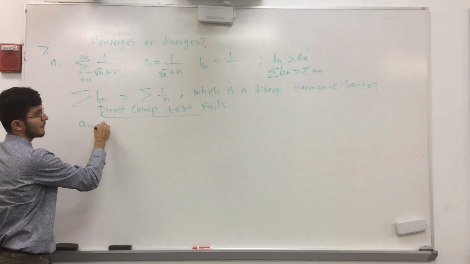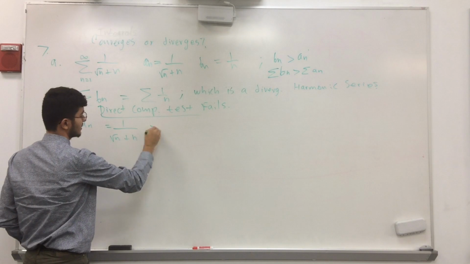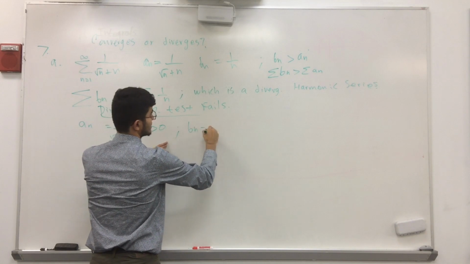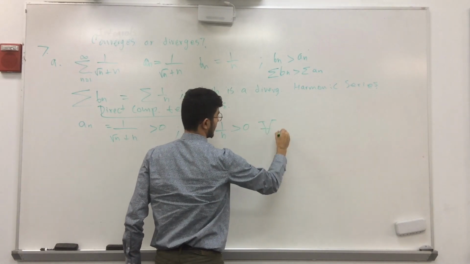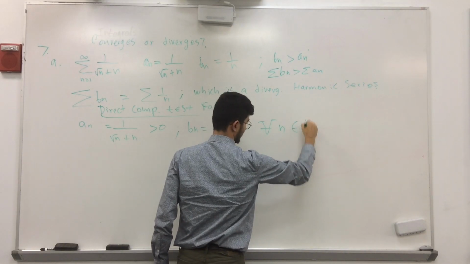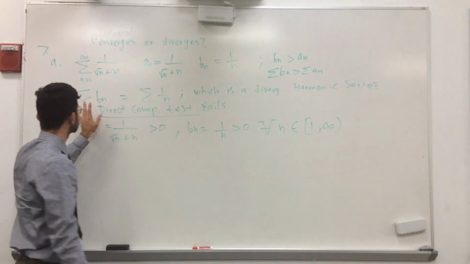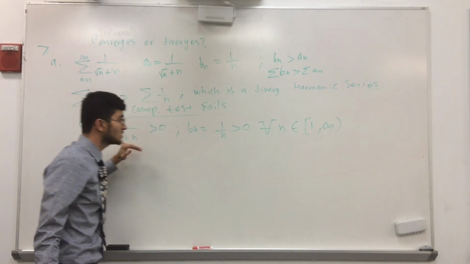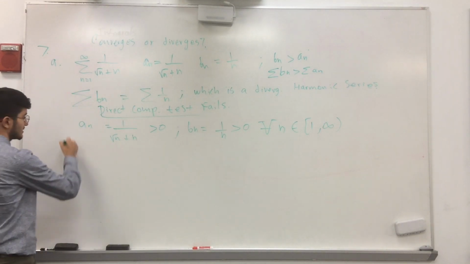You say that a sub n, which is 1 over the square root of n plus n, is greater than 0, and also b sub n, which is 1 over n, is greater than 0, for all values of n in the interval from 1 to infinity, because that's the interval of this series. So for all n from 1 to infinity, this condition is met, which is the condition of the limit comparison test. This is the safe zone.